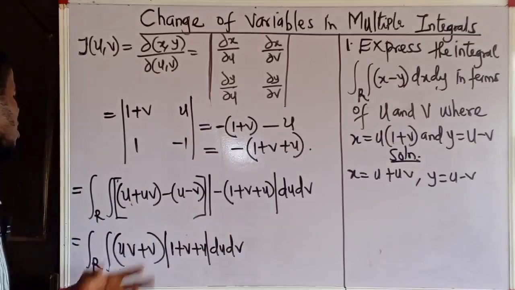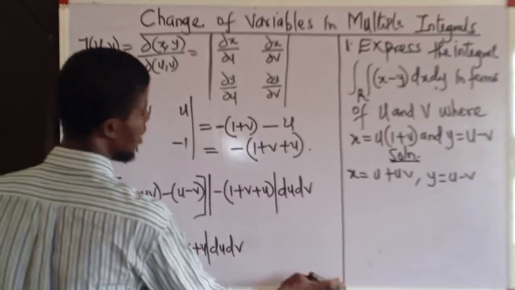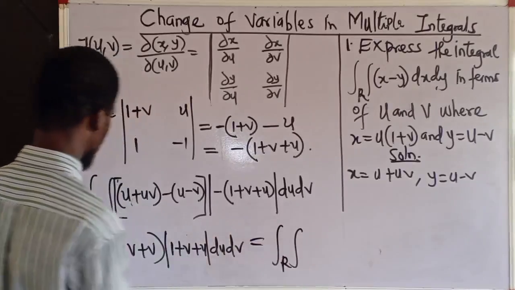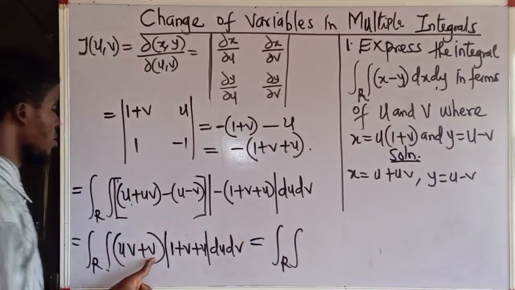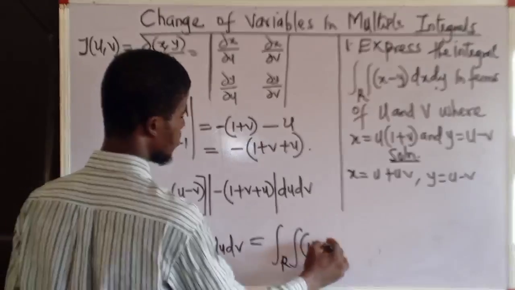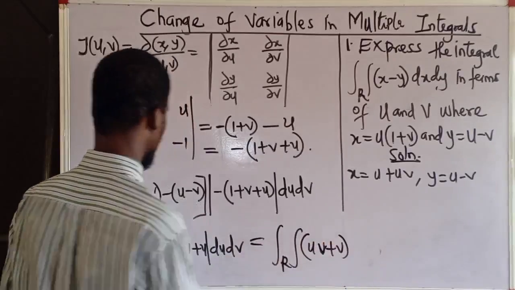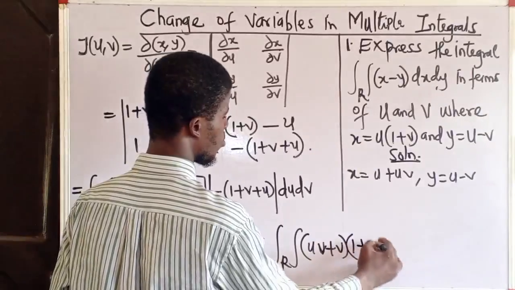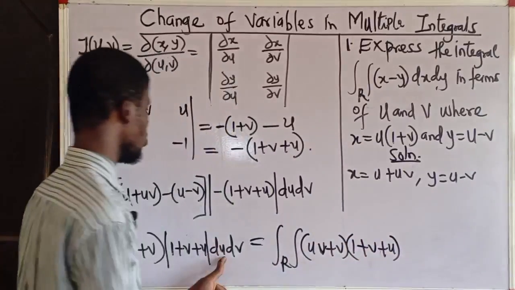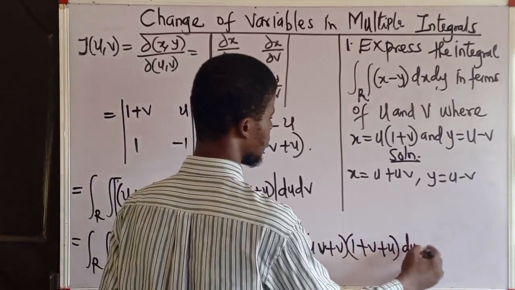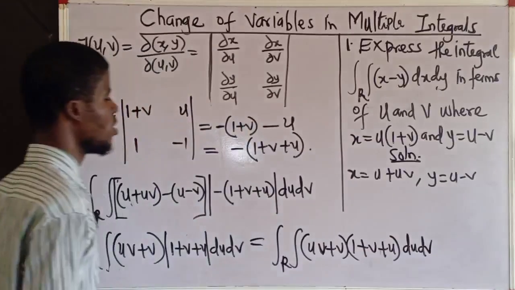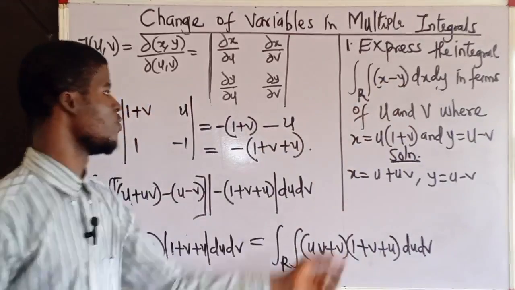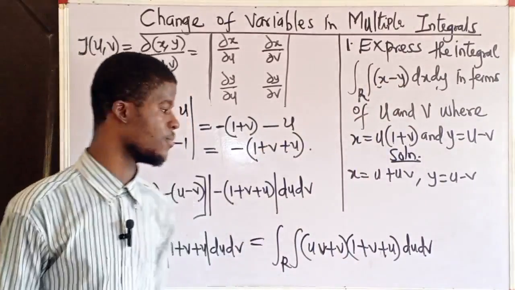Either I leave my answer like this, or I can write it without the absolute value, that is uv plus v times 1 plus v plus u du dv. So I have successfully written this integral in terms of x and y in terms of two new variables, u and v.